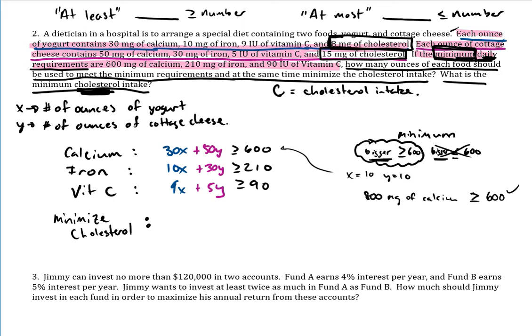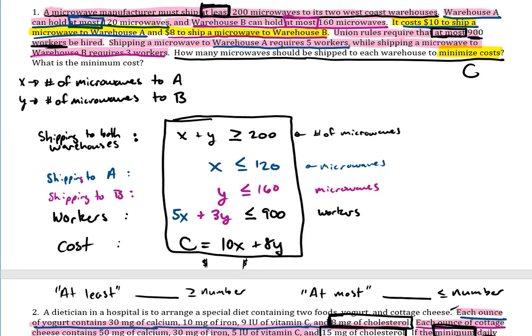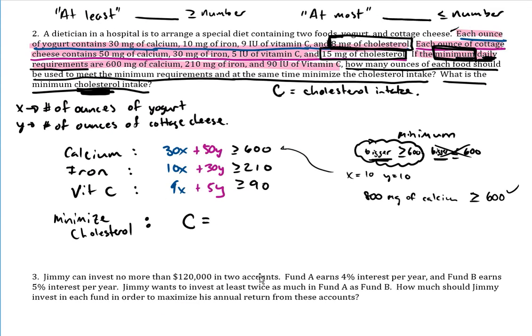The stuff about cholesterol, it didn't say there was a minimum with the inequality stuff. So that's where we would use an equal sign. Notice where it says minimize or minimum, the big variable at the end. Just like this one, this was minimize cost, and it was also just equals.